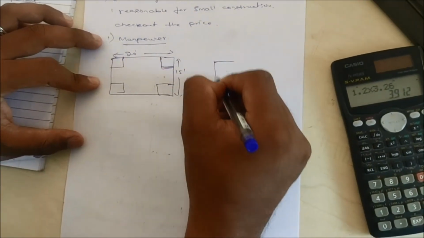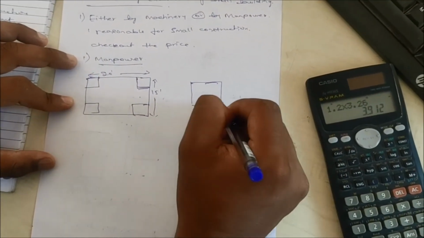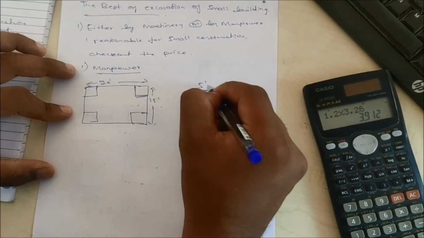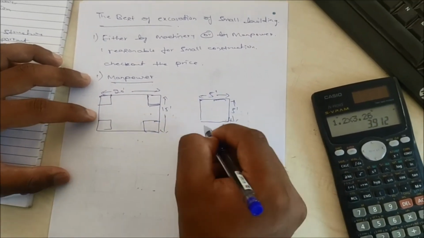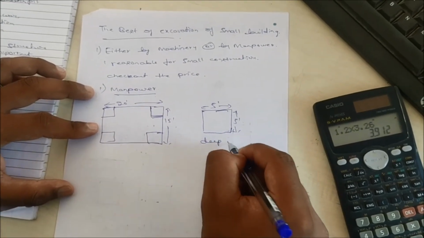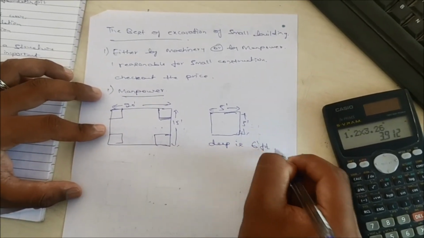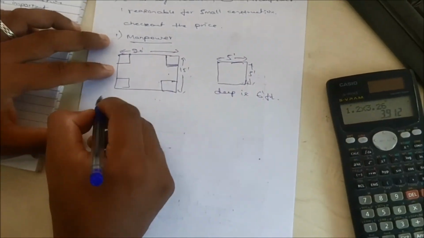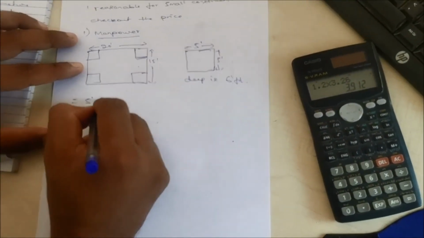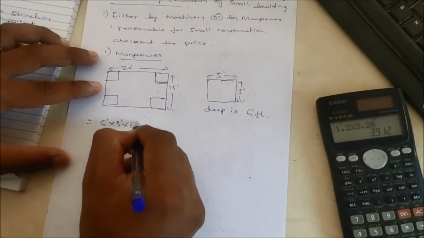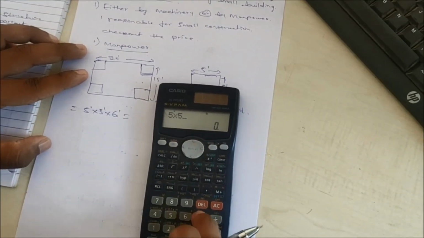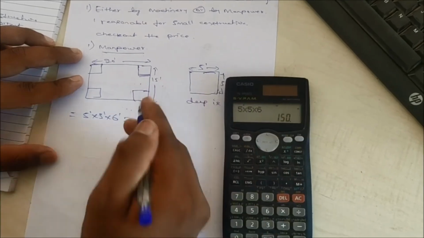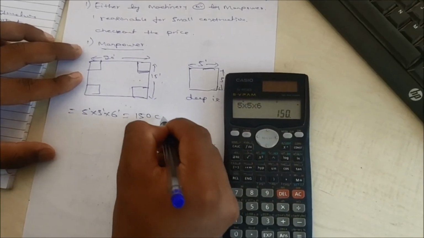The size of the pit is, for example, 5 feet by 5 feet, and the depth is 6 feet. So 5 feet into 5 feet into 6 feet. The total measurement is 5 into 5 into 6, which is 150 cubic feet.